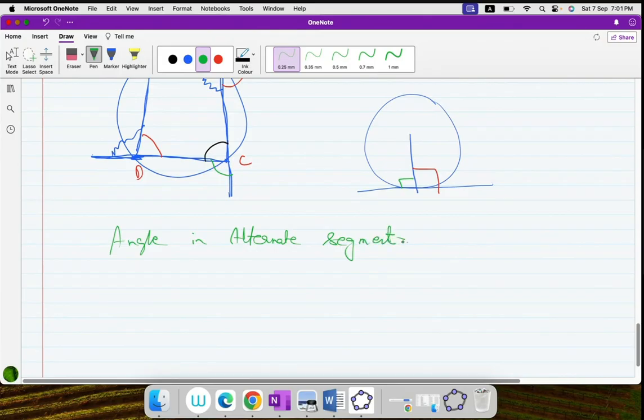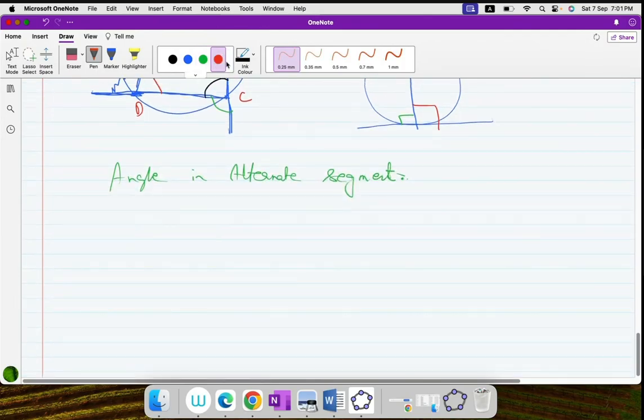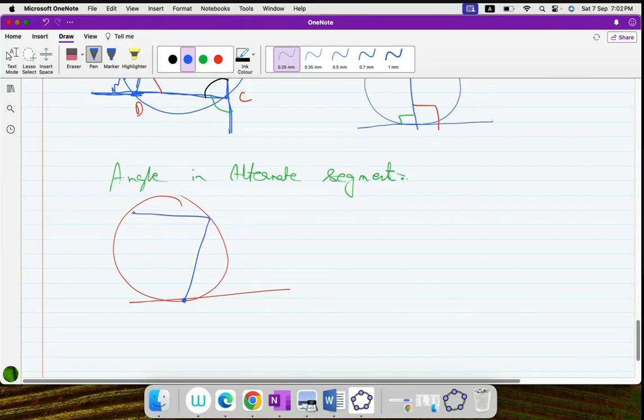I'll try and share one sheet which has all the properties drawn neatly and summarized. Okay. So this is a tangent. I'm making a triangle at the point of tangency. So this angle which actually touches the line and this angle which is further away from the line are equal. We call it angle in alternate segment.